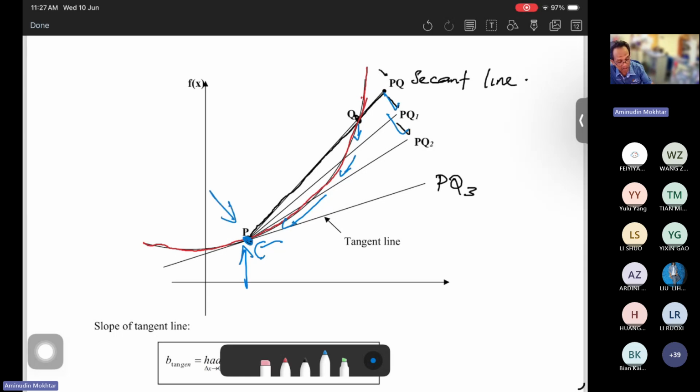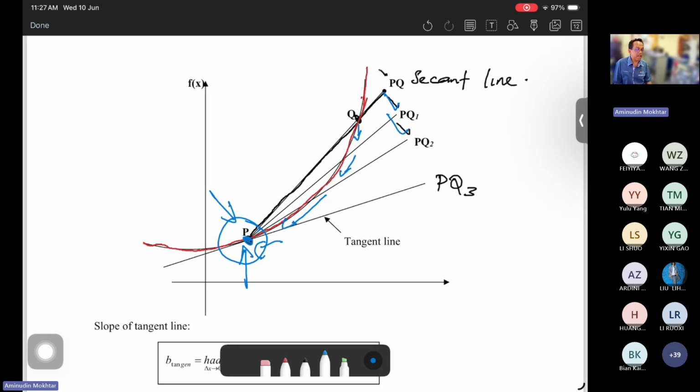At this point P, this point is very important because the slope of the curve at point P is equal to the slope of the tangent line PQ.